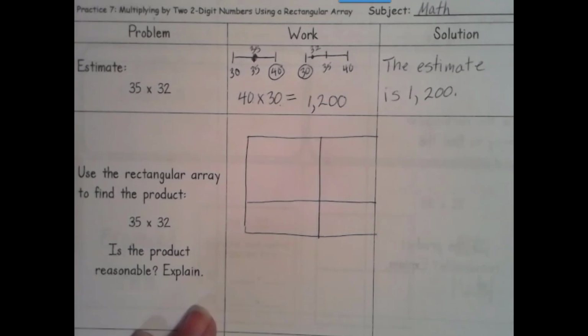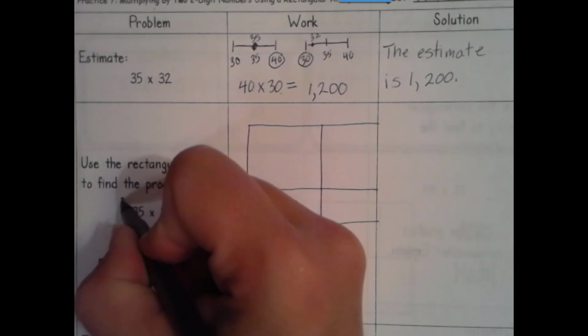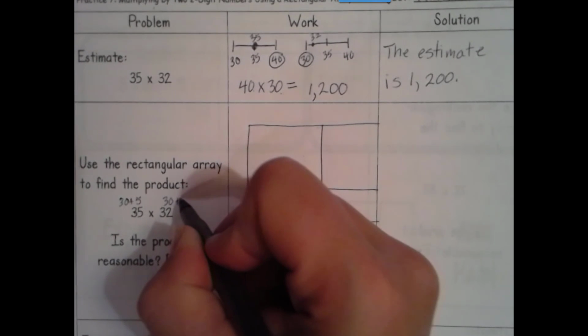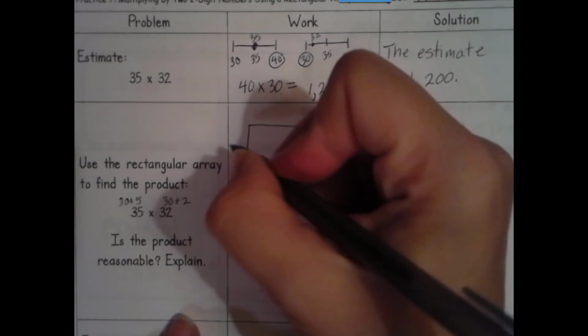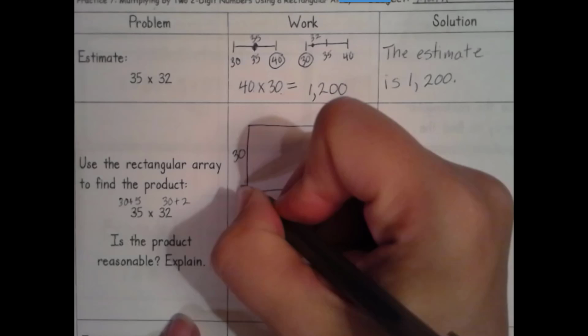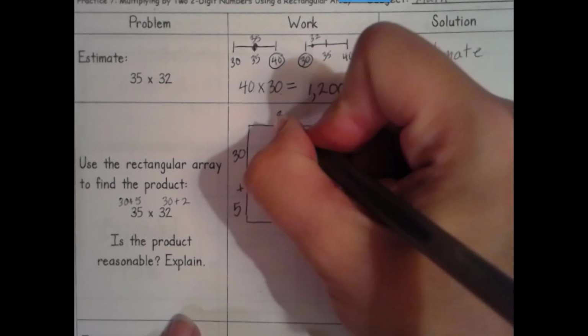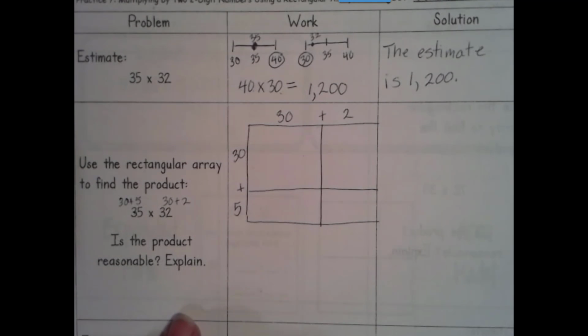So I've got to break these apart into their expanded form. So this would be 30 plus 5, and this is 30 plus 2. We got to break those apart. So my 30 plus 5, my multiplier goes there. 30 plus 2.